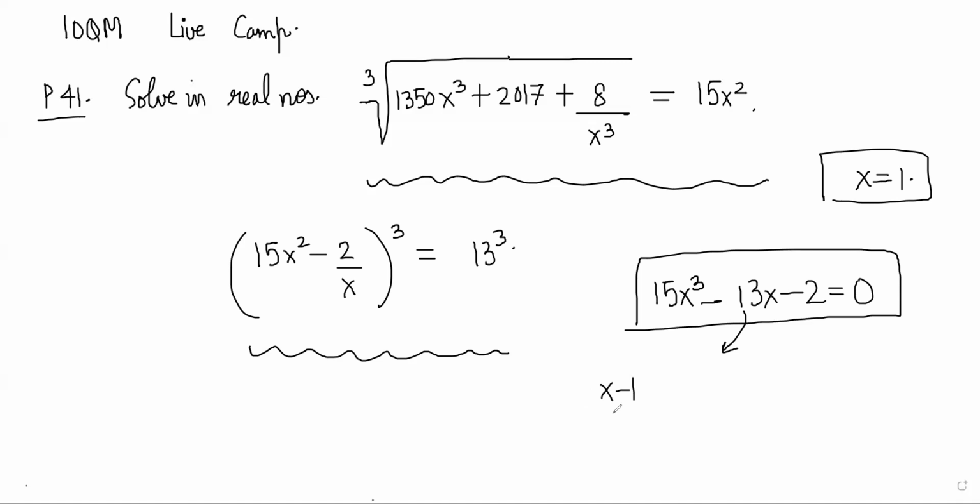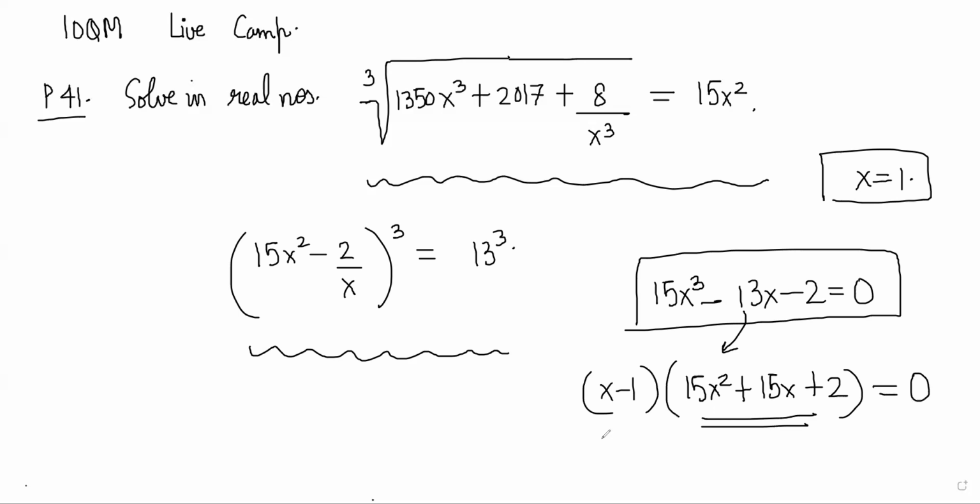So you can factorize it as (x minus 1)(15x squared plus 15x plus 2) equals 0. And this has no real roots, whereas this has a root, which is x is equal to 1. So those are the key steps involved in this question. We will not spend too much time on it.